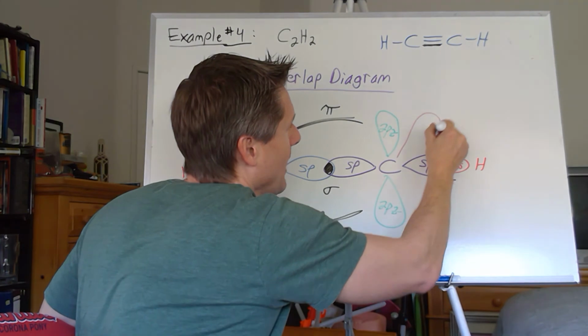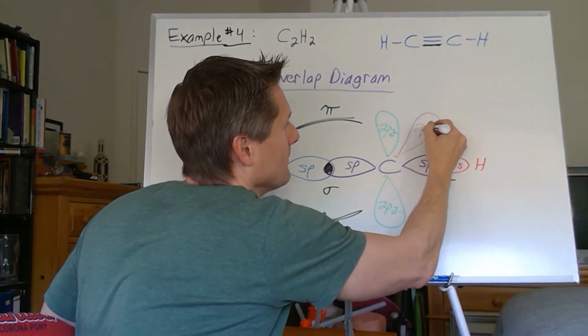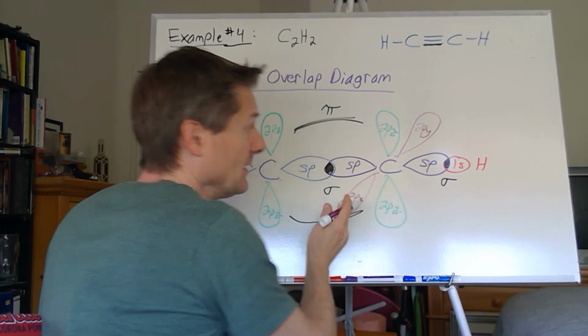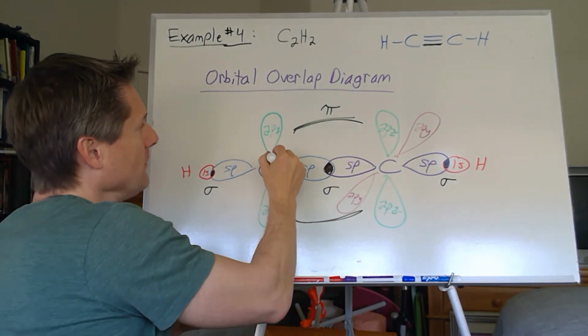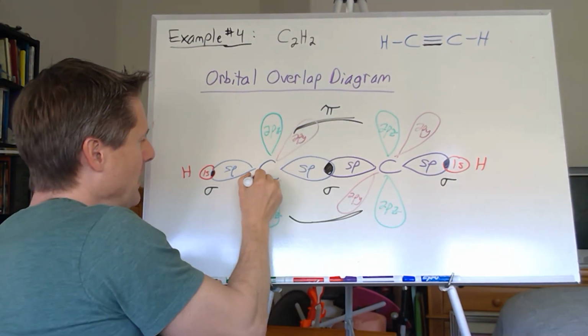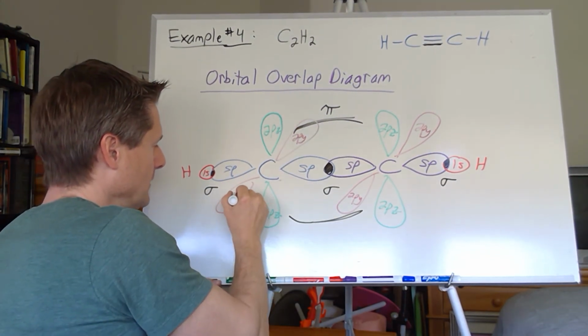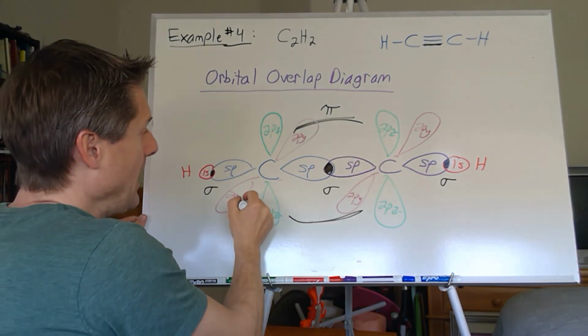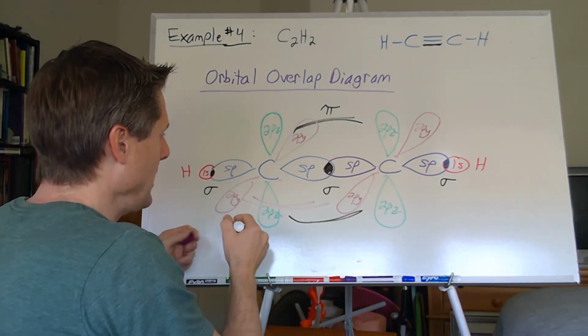So let's say we've got the 2 py's: the unhybridized 2py there, and an unhybridized 2py there. So now we have another pi bond.